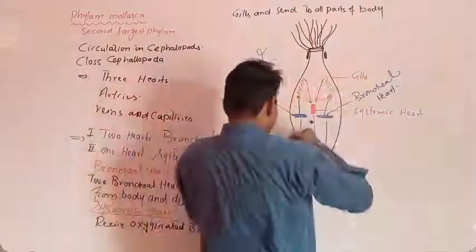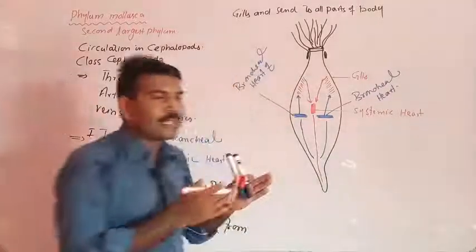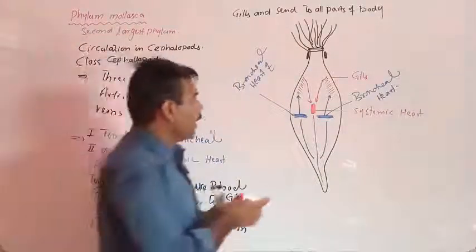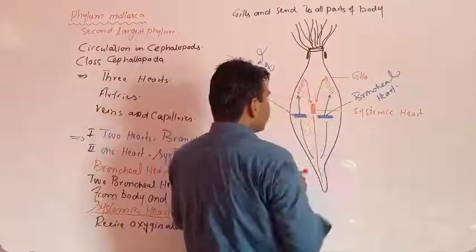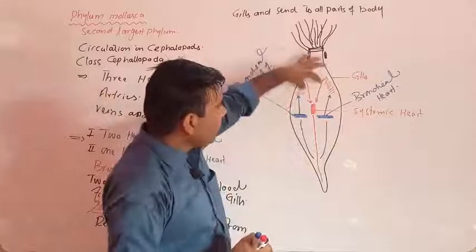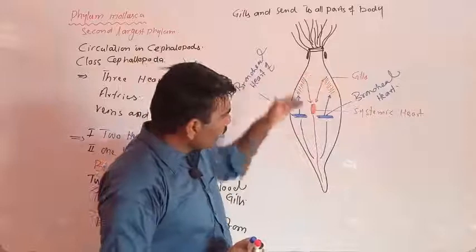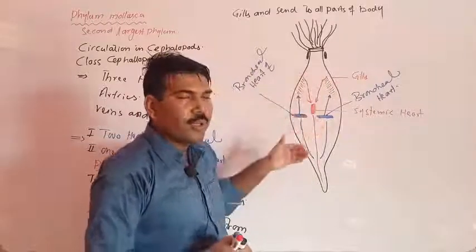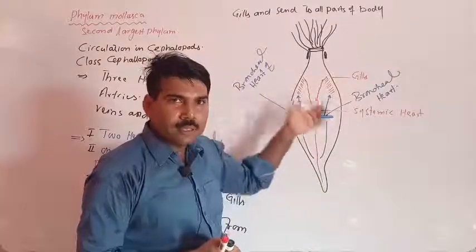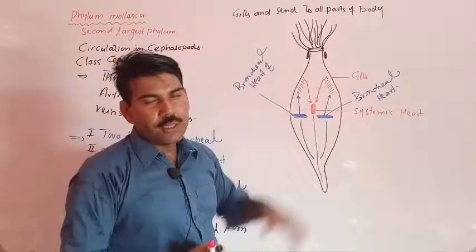And we know that the gills are the structures used for the exchange of gases. Now deoxygenated blood is taken inside the gills, and after the gaseous exchange, oxygenated blood is again taken into the systemic heart. So the process of circulation of the blood is always continuous, and the three hearts are performing their functions here.